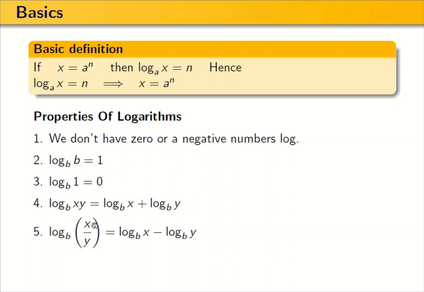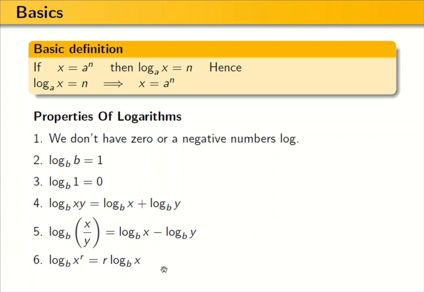Logarithm of the fraction x over y, all to the base b, is the same as logarithm of the numerator, x base b, minus the logarithm of the denominator, y base b. Hope this is okay. Now if I have logarithm of x to a certain power r base b, then this is the same as writing this power r times logarithm of x base b.